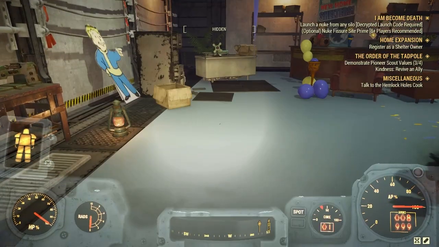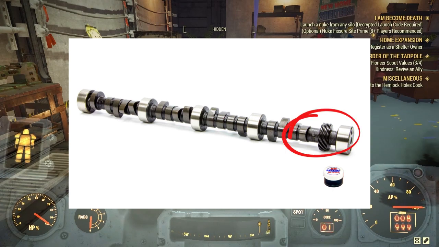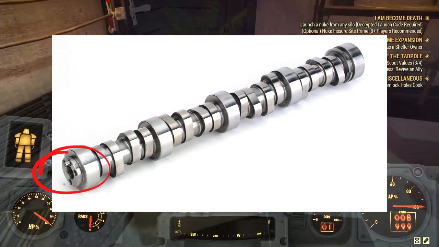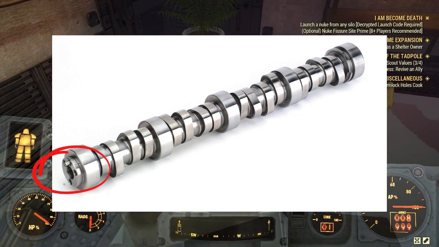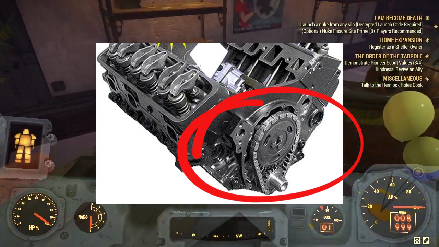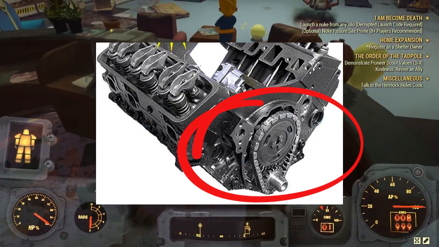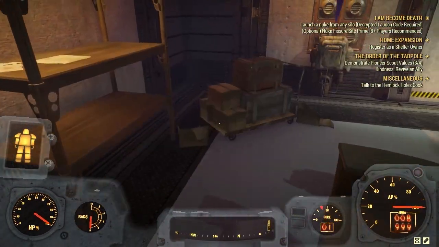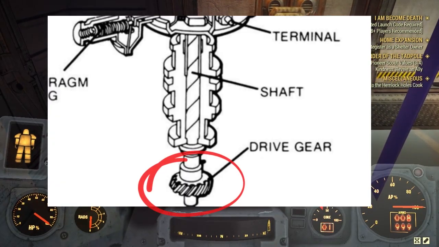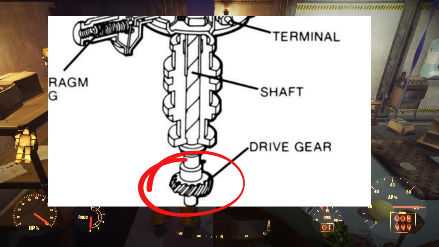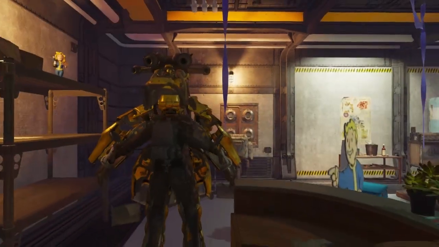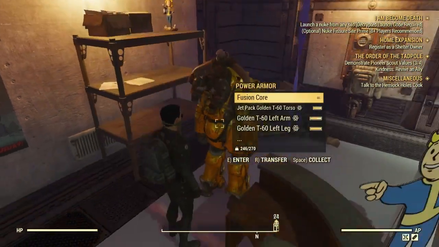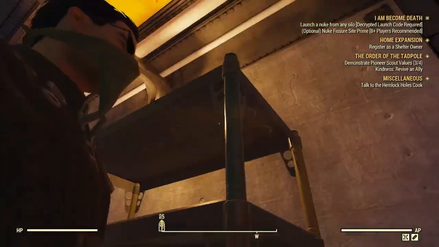The camshaft has some teeth on one end, and then it takes 3 or 2 bolts on the other end. The bolt side is usually what goes to the timing chain and all that kind of stuff. On the other side, there's no gear, and that side usually is the side that would take the distributor. The distributor would have its own gear, and those two gears would mesh and spin off of one another.